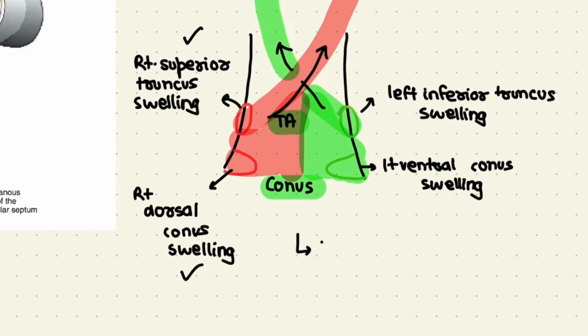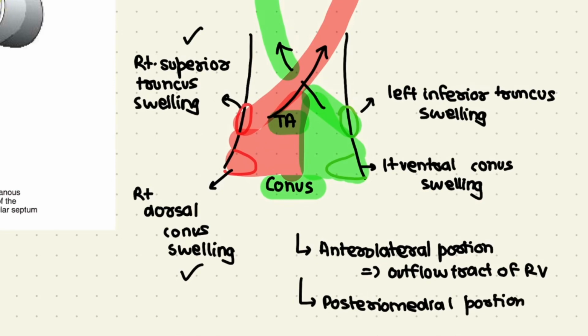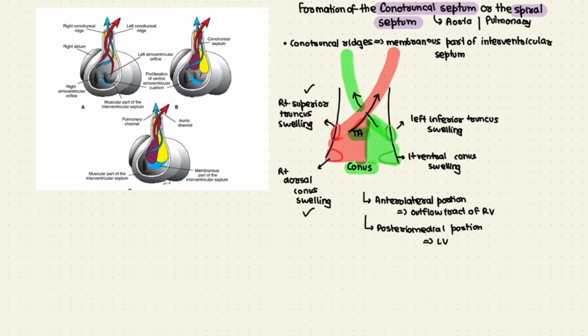We shall get an anterolateral portion, an anterolateral pathway that will form the outflow tract of the right ventricle. Then we have a posteromedial portion, and basically that will form the outflow tract of the left ventricle.